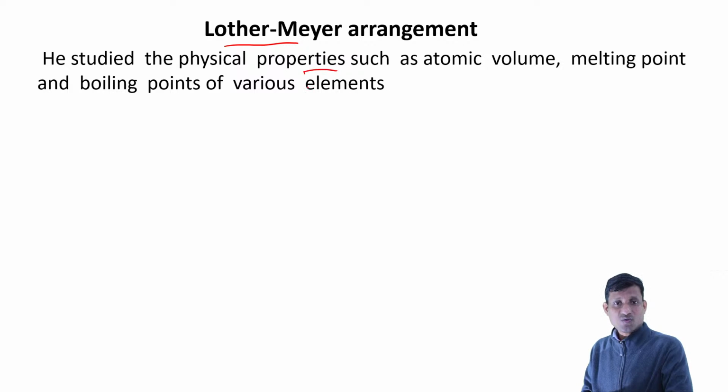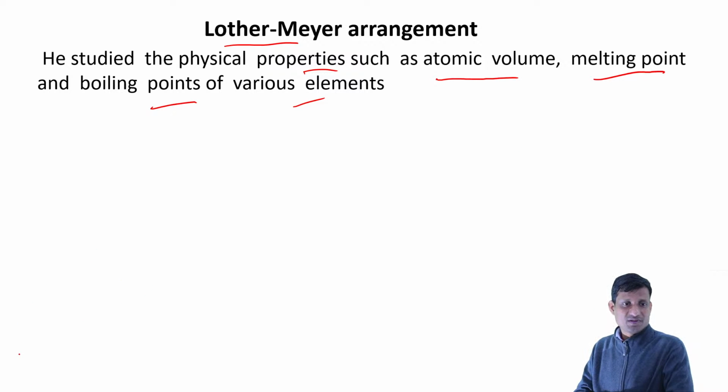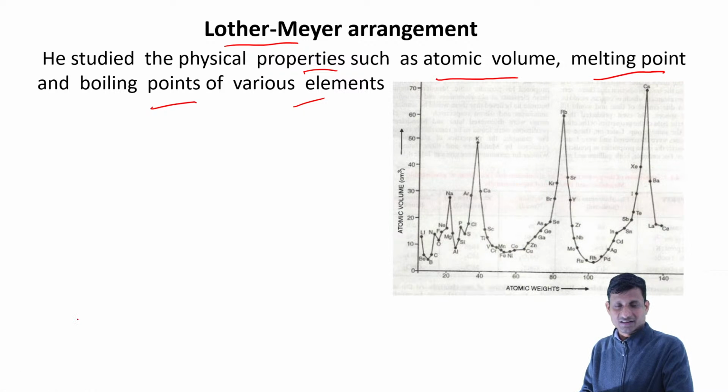So what physical properties did he measure? Basically he measured the atomic volume, melting point, and boiling point of various elements. After measuring all these, he tried to give a shape to the periodic table, and this is his result.